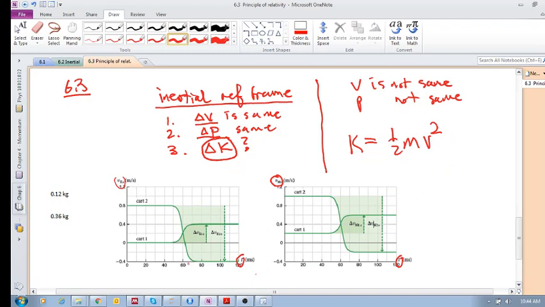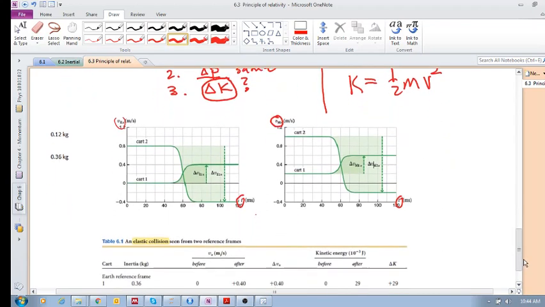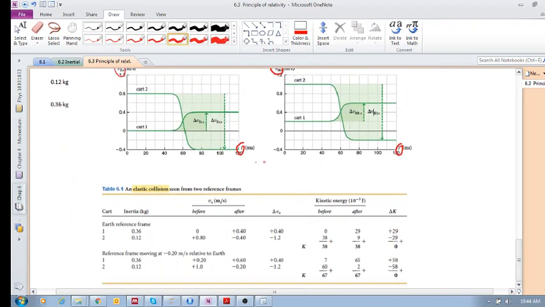So for example, let's look at this one here. Remember, this is figure 5.8, I think. Inertial reference frame and M reference frame. This cart 2 is 0.12 kilograms, and this cart 1 is 0.36. What is the velocity of cart 1?